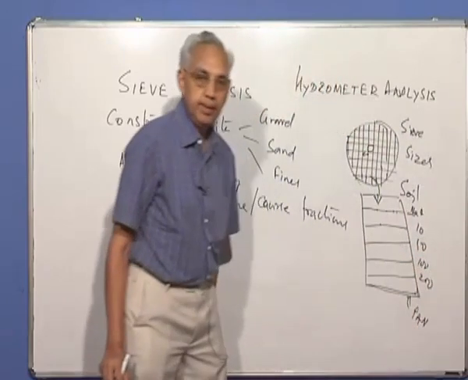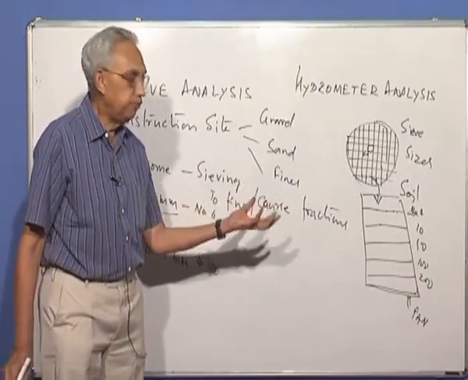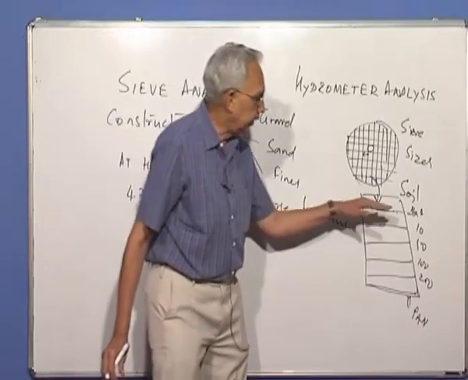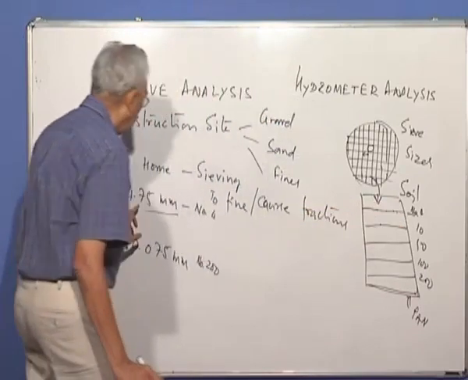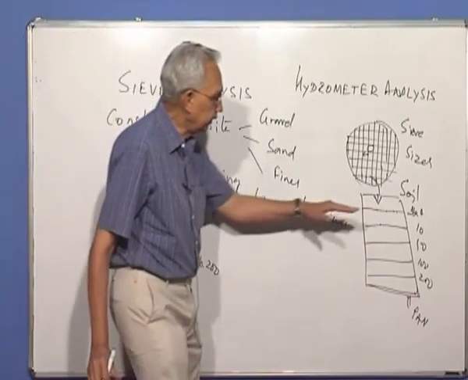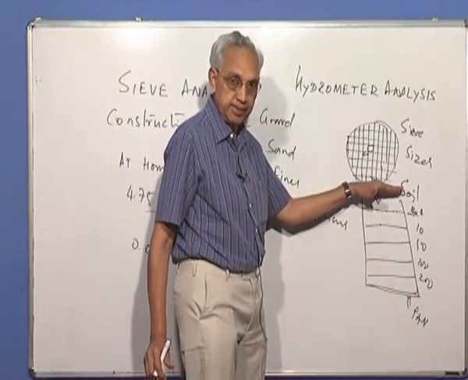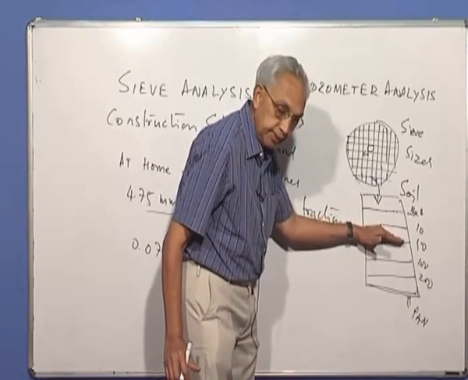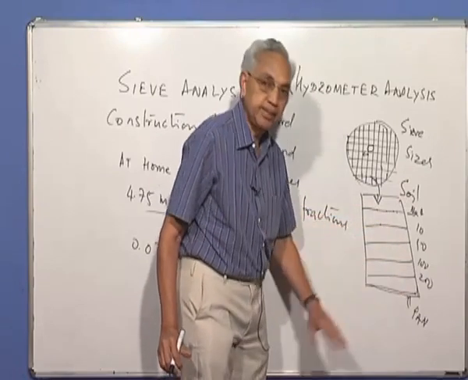Then if I put different sieves and start shaking, whatever particle is greater than 4.75 millimeters will not fall through the first sieve. Then the next size is retained here, third size, fourth size, fifth size, etc.